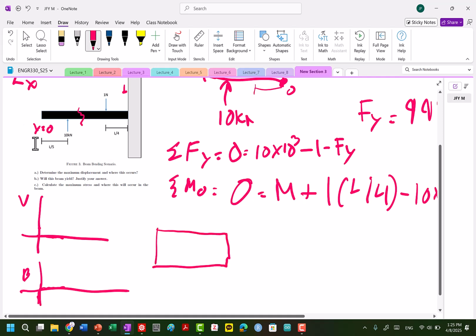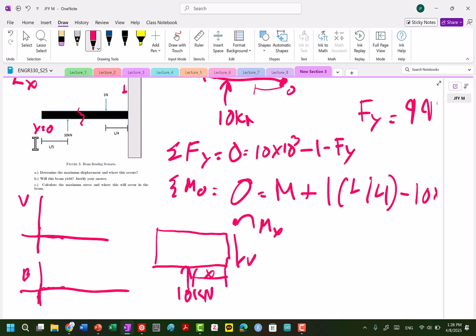So if I make my first cut here, I'm going to have a system that looks like this, where I have some 10 kilonewton here. Then I have some V here, some moment M here. There's some distance here, X. And then there's no restoring moment there. And I can solve essentially for what the new V will be.